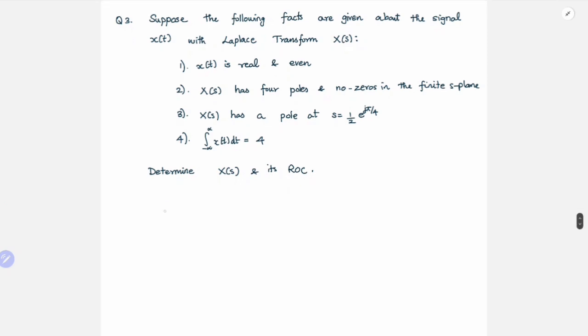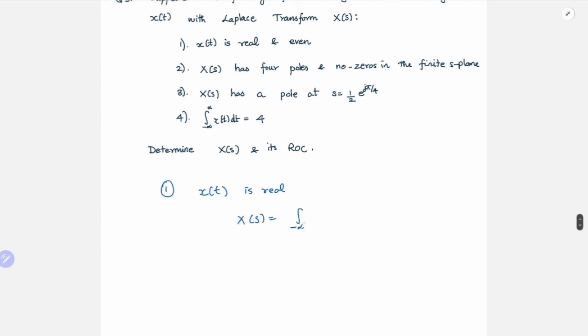So what does the first piece of information say about us? Okay, x of t is real. So what does it mean? Let me take my Laplace transform, the integral of x of t e power minus st dt.